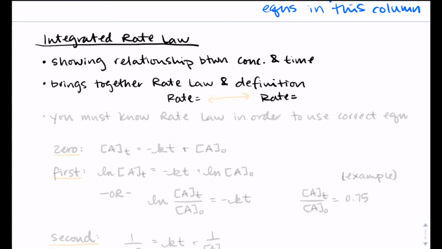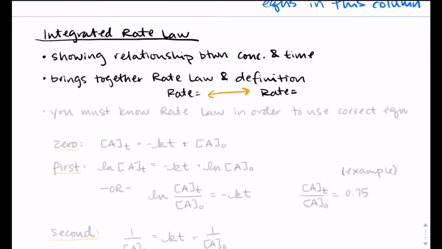You have to know the rate law in order to use the correct equation, because it will be a different equation for zero, first, second order, and so on. These equations are labeled on the equation sheet. It does say which is for 0, which is for 1, which is for 2. Those can be the only ones I give you because those are the only equations that I give you.